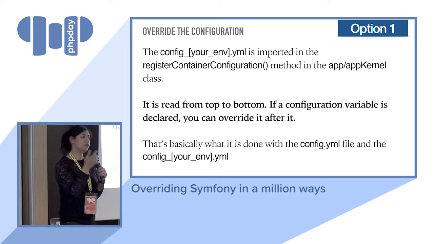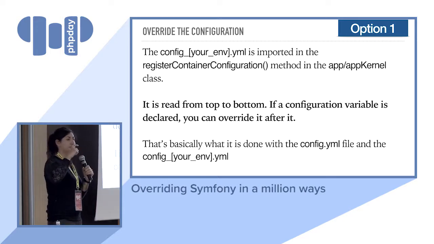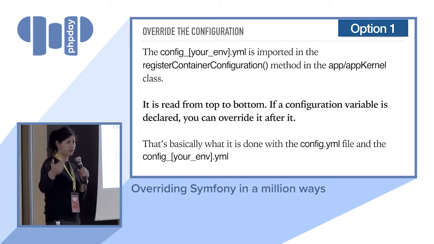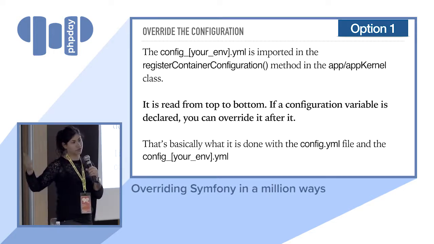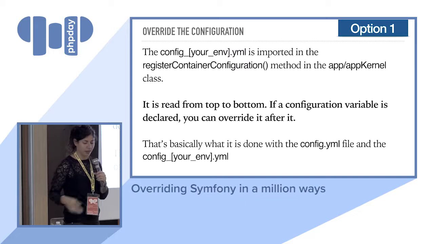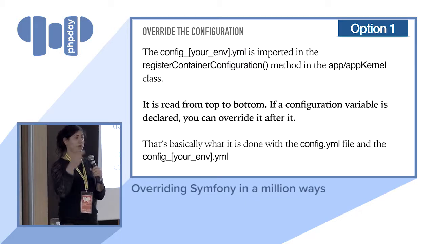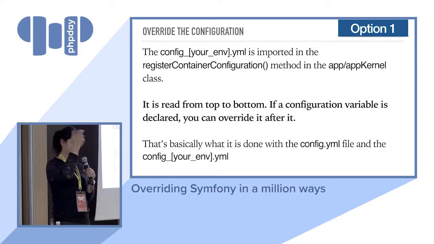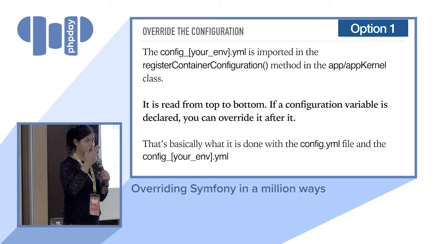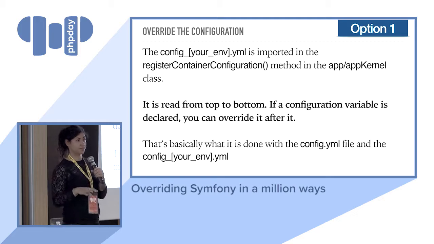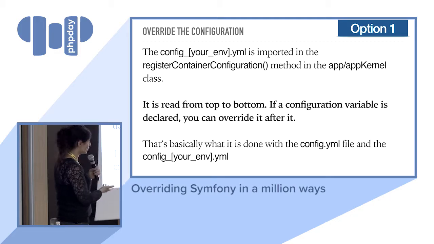You know that the first configuration file imported by Symfony is coming from config_environment. And then it imports the config.yaml file and so on. So it's read from top to bottom. So if you have a parameter declared at the beginning of the file and then at the end of the file, it's the last one that wins.